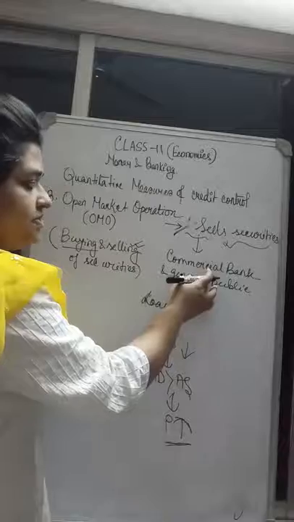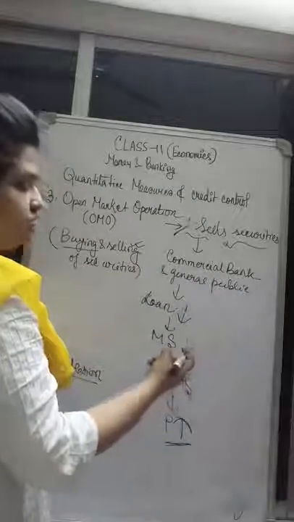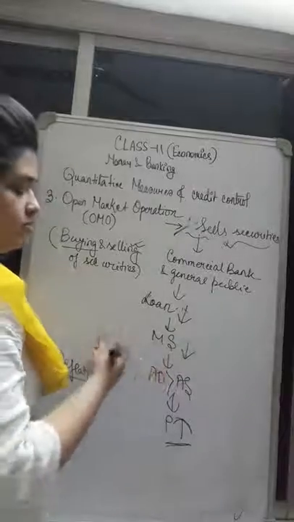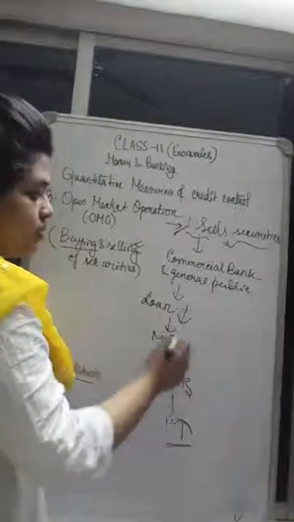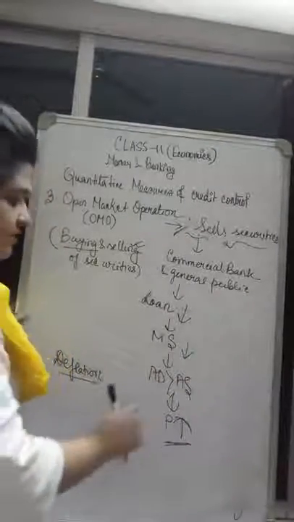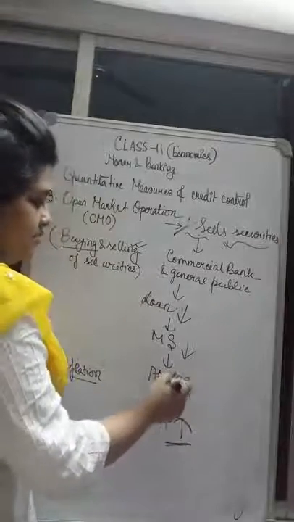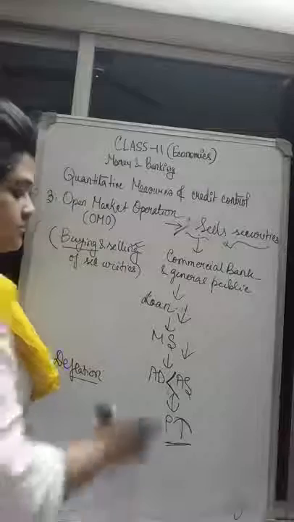Similarly, commercial banks have bought the securities which are sold by central bank, so they have given money, so they have less loan creating power, money supply reduces, and when money supply reduces, people have less money to demand, so demand becomes lesser than supply.